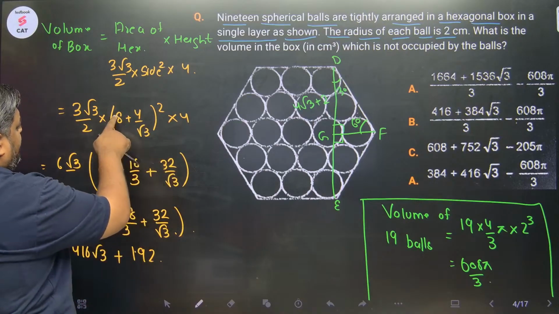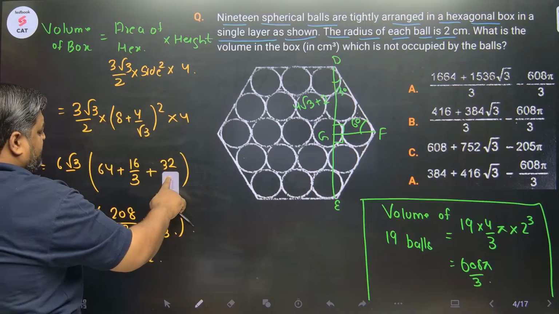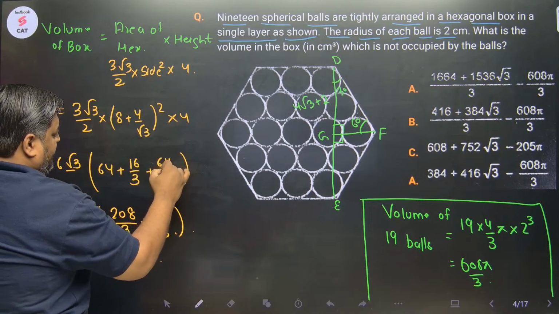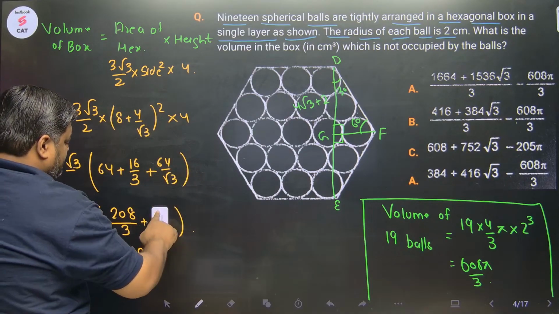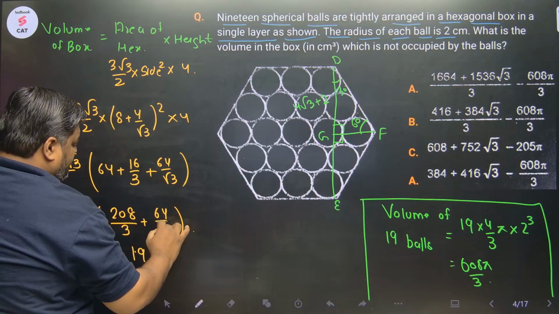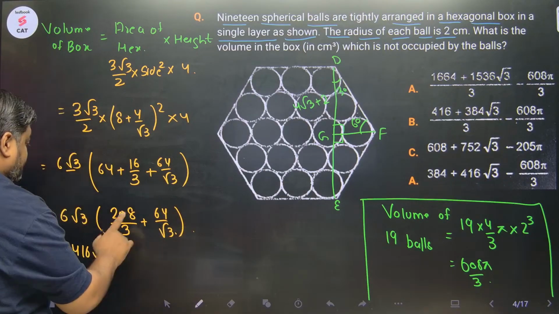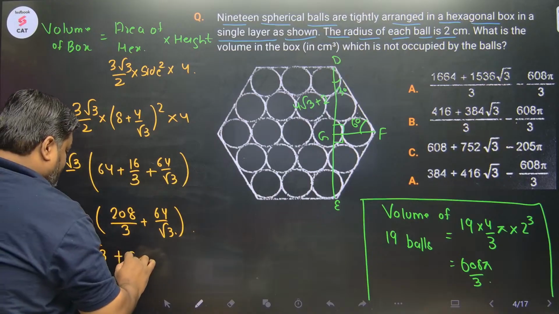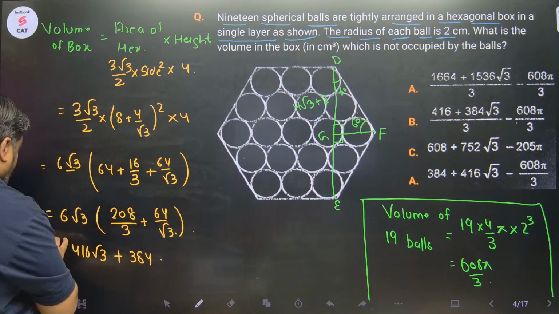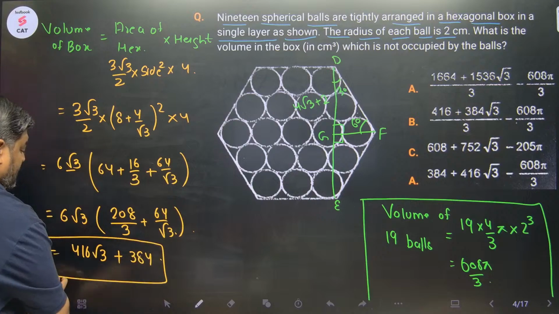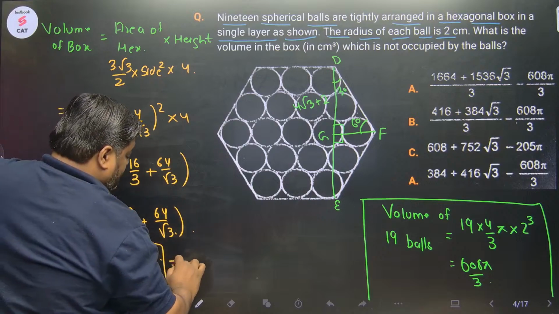So this becomes 64 into 6, which is 384. And this is the volume of the box.